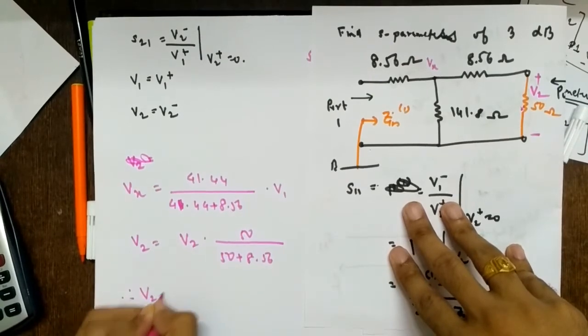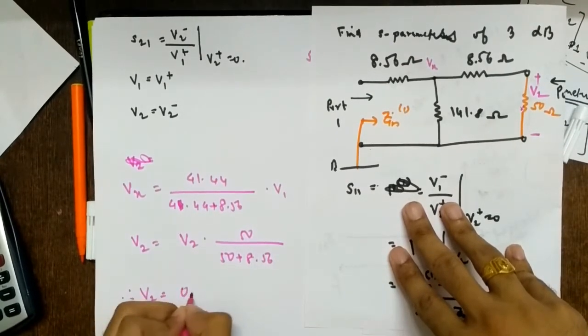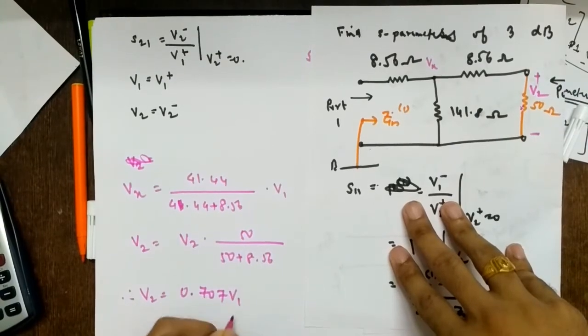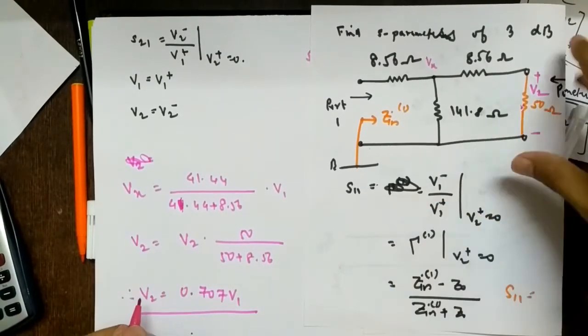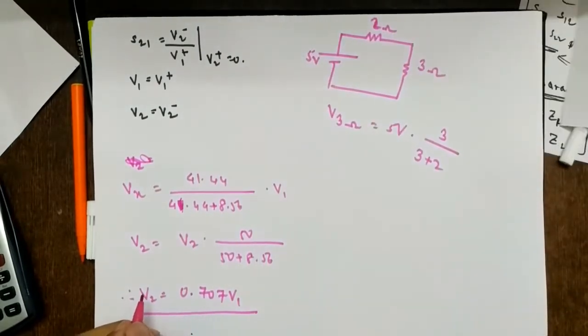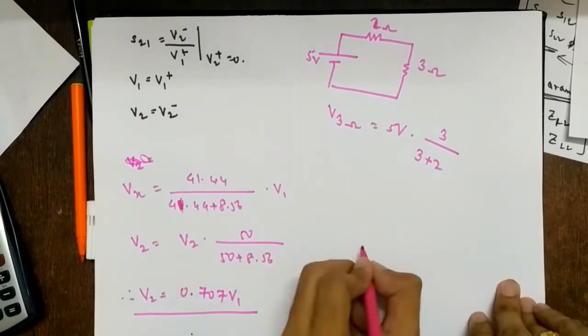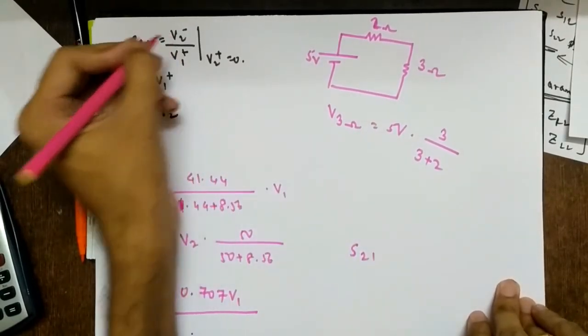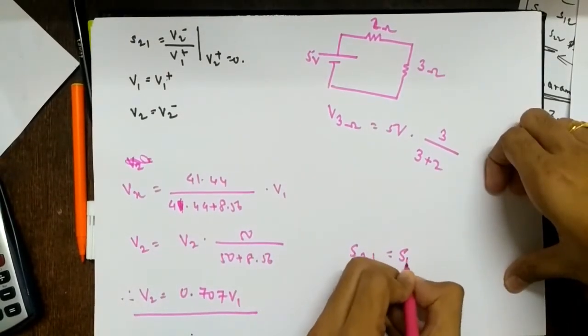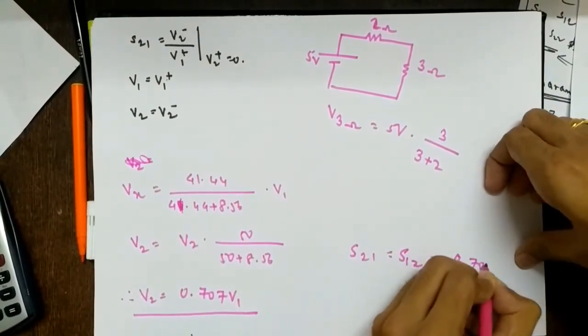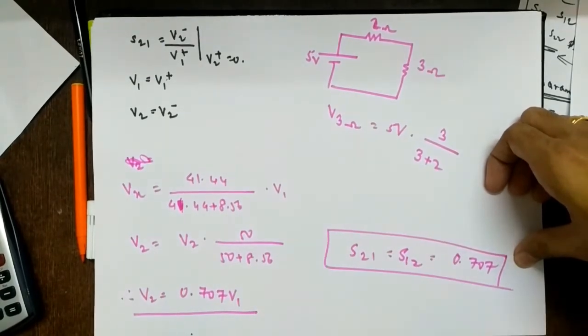If you calculate this, you will get V2 as 0.707 V1. So S21 is V2 minus upon V2 plus, meaning V2 upon V1 plus, and V1 plus is V1, so V2 by V1 is 0.707, and it is equal to S12. So we have found all the S parameters.